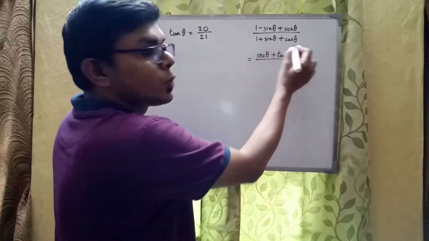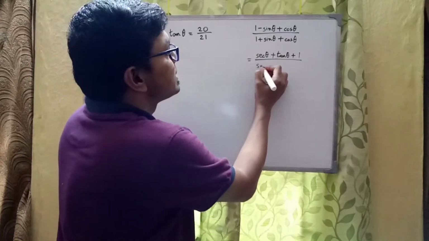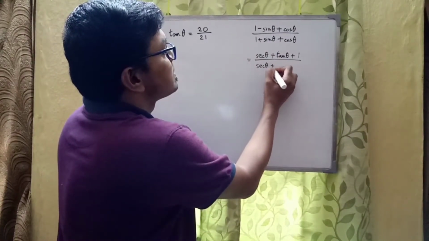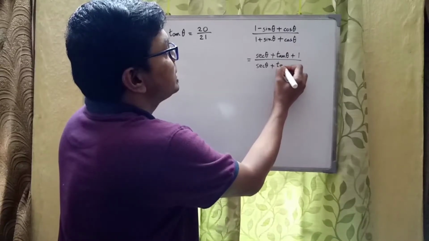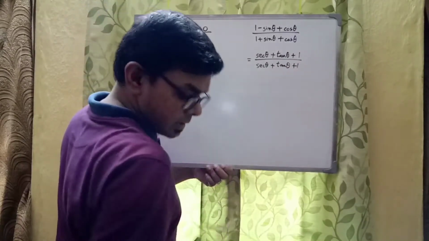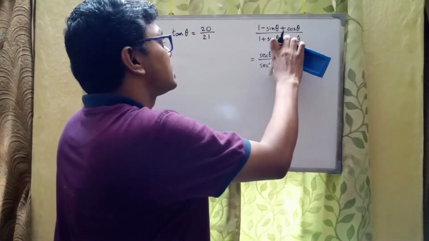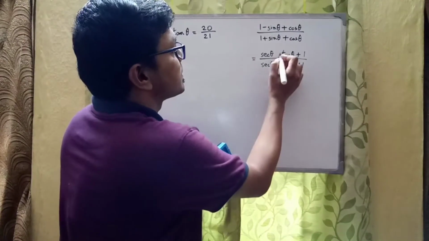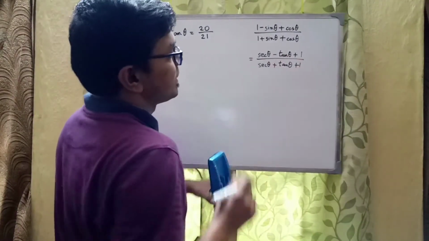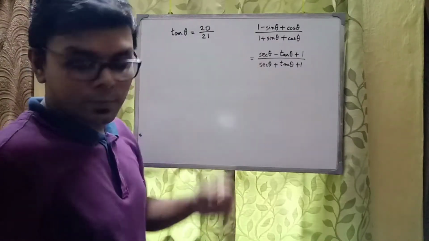Similarly, we will divide the denominator by cos theta, so we will have sec theta plus tan theta plus 1. I'm sorry, I've made a mistake in the numerator here, it should be minus. So if we divide both the numerator and denominator by cos theta, this is what we will get.